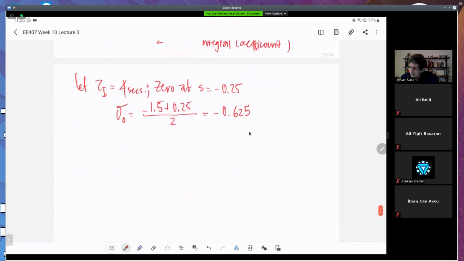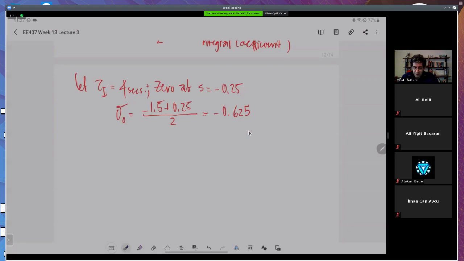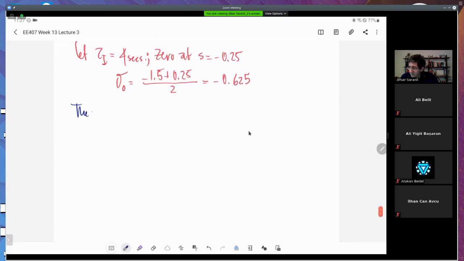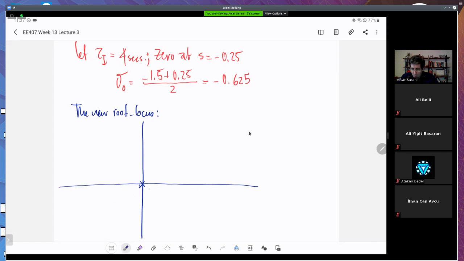So in this case, let's make the sketch and finish for today. Okay. So the new root locus is basically, so you have over here your pole at 0, minus 1/2 and minus 1, and you will have a zero at minus 0.25.